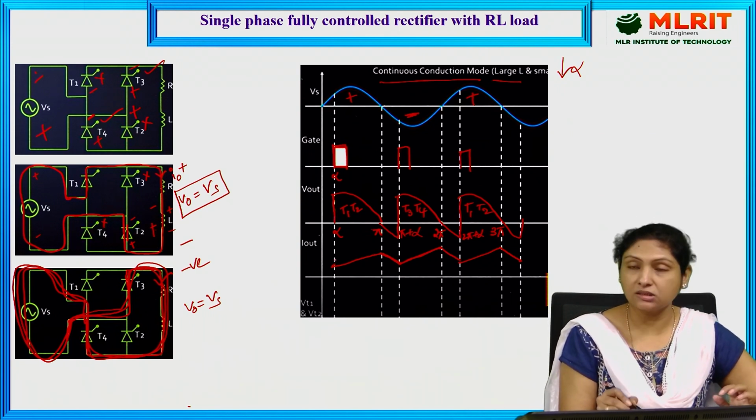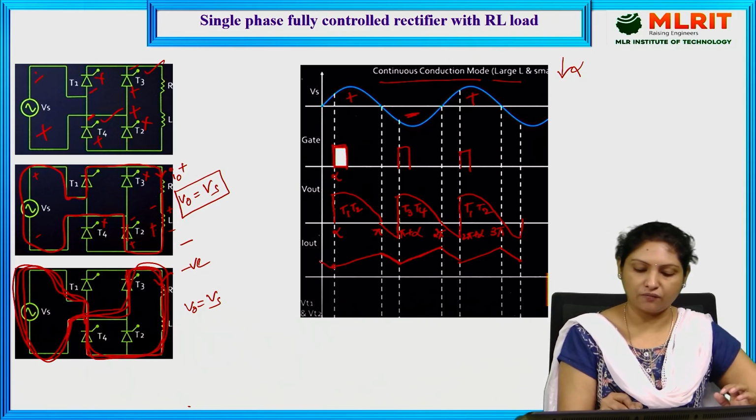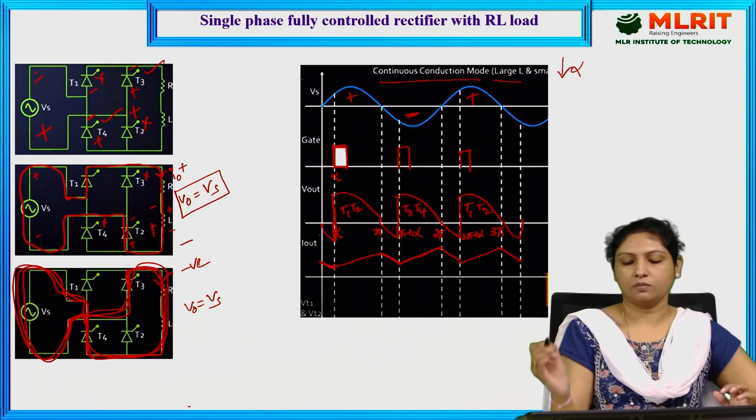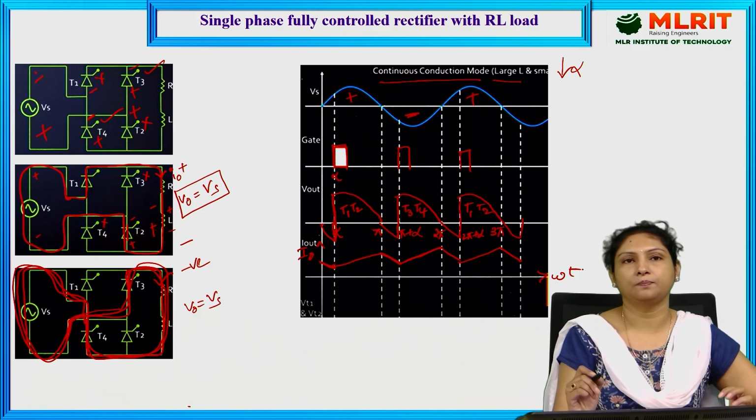So that is the reason here we usually connect it to the back end. So this will be an output current waveform, and this will be a negative spike. So this is your output current with respect to omega t axis.